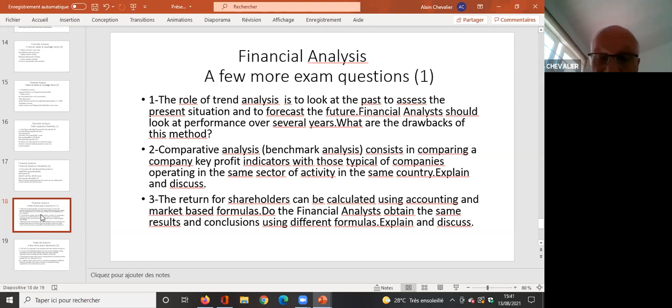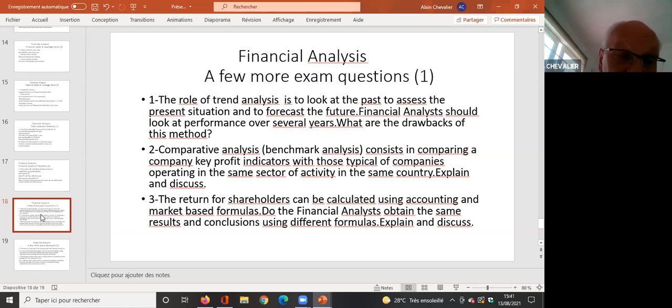So comparative analysis is limited in that kind of situation when you have a new business model, something which is completely different from the other firms existing in the world markets. And you have to measure the evolutions another way.